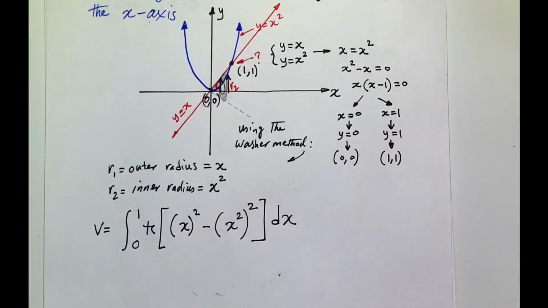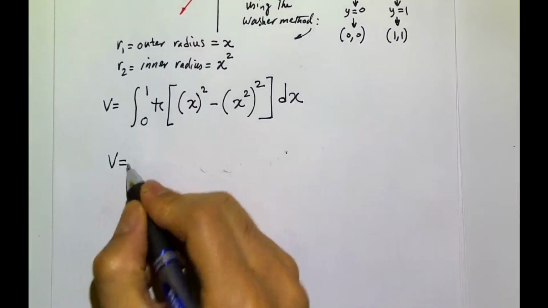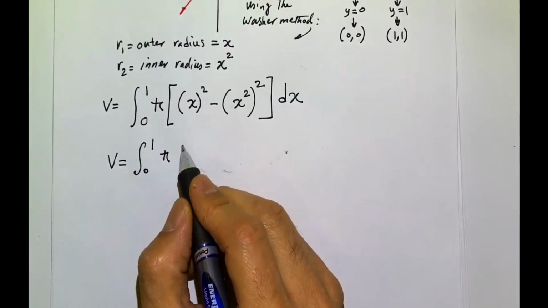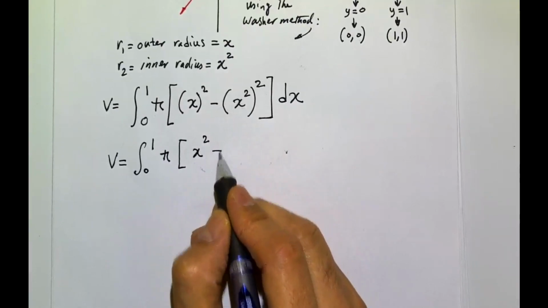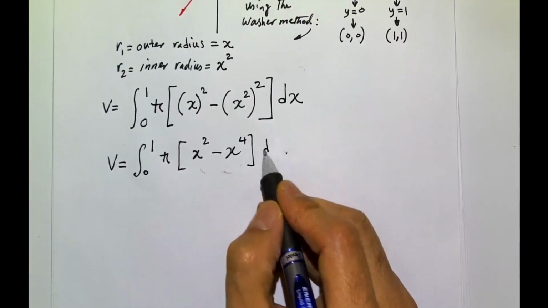Okay, you're seeing that this is also a pretty easy integral to calculate. All right, so then let's simplify this a little bit. So we have the volume equals the integral from 0 to 1 of pi times x squared minus x to the 4th power, and then dx.